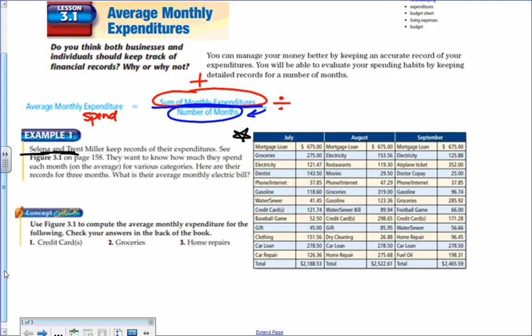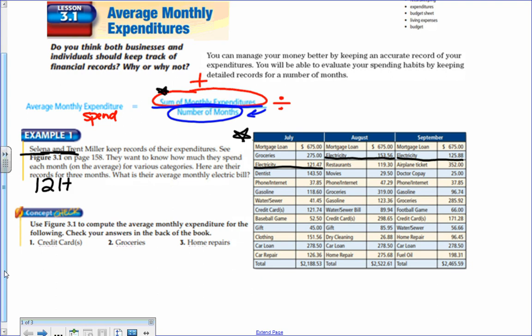Okay, so I'm going to underline my electric bill for July. I'm going to underline my electric bill for August, and I'm going to underline my electric bill for September. I'm going to take those three numbers and add them together, because remember, I'm summing them.